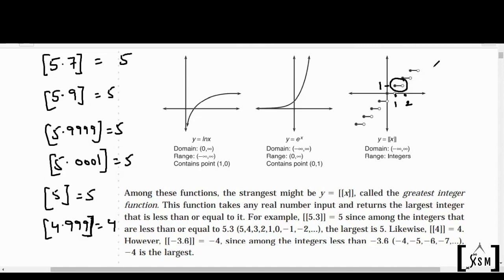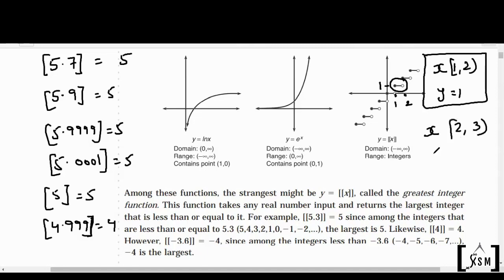For whatever x value belongs from 1 to 2, the y value will be 1 only. That is why the graph looks like this. Similarly, for whatever x value belongs from 2 to 3, the y value will be 2 only, right? That is why this is the second step, you can see. Fine. So this is how the greatest integer function looks like.